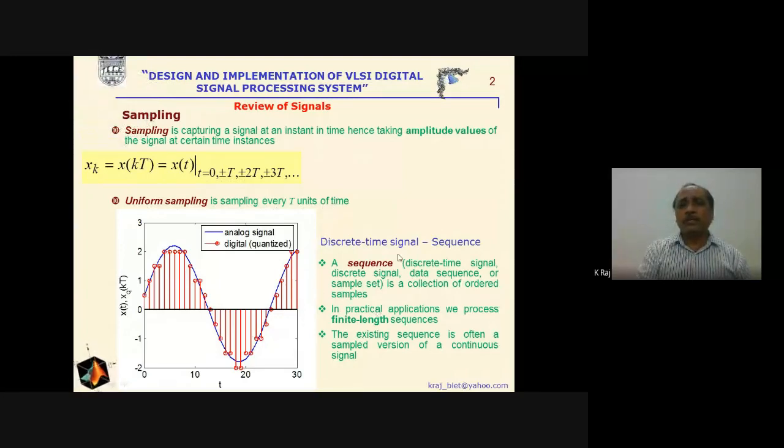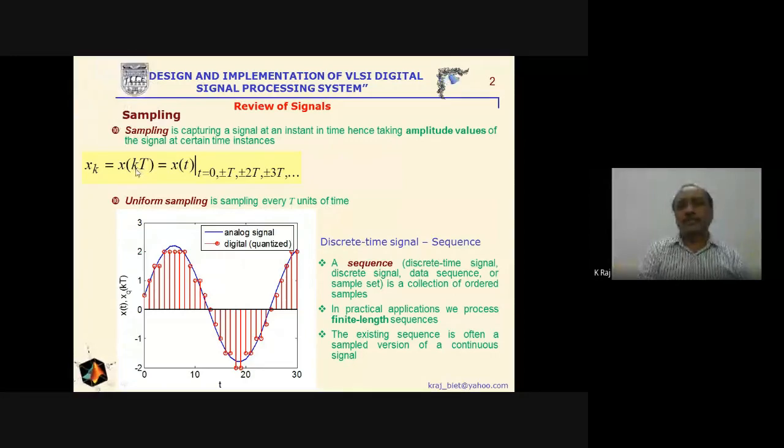Now the discrete time representation of the analog signal is the sequence. So whatever is the analog information has been converted in the form of a sequence with the help of sampling. In practical applications, we generally do not use an infinite value of k, but it must be finite.